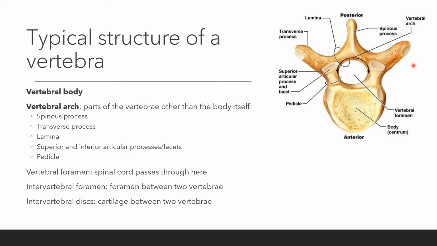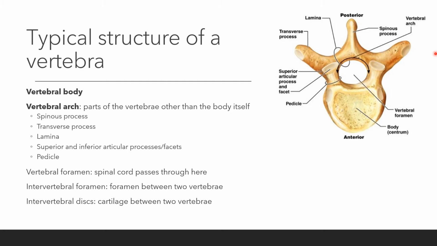We also have superior and inferior articular processes, also known as facets. Here you can only see the superior articular facet because you're looking downward. And there's also a pedicle, which is between the transverse process and the body of the vertebrae.